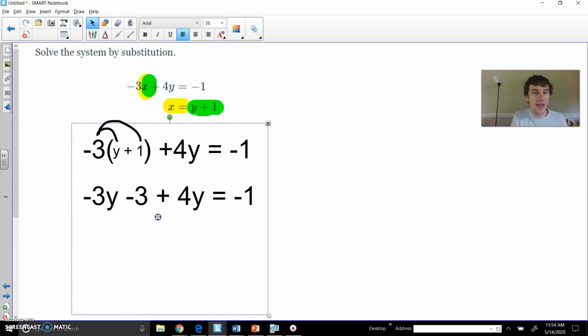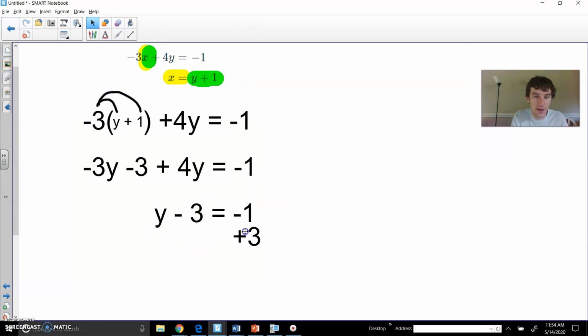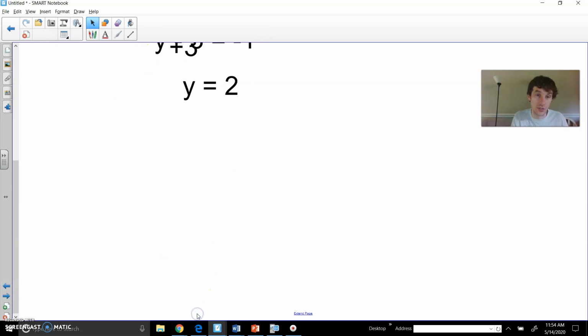Now we continue to combine like terms, -3y plus 4y, that'd be positive 1y, and then keep your -3, keep your equals, keep your -1, and then we'll add 3 to cancel that out. We want to move that over to the other side, and that would ultimately produce 2.